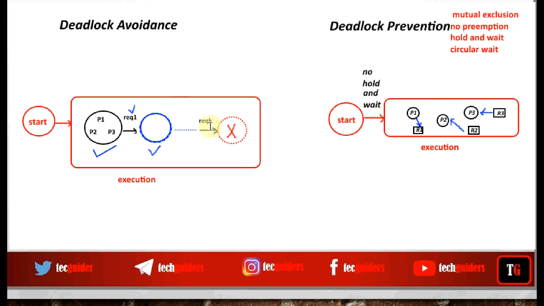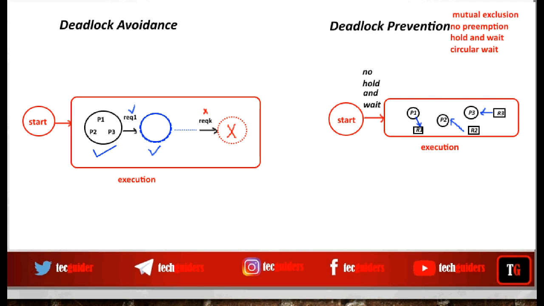So when a request is received, the operating system analyzes it and finds out that granting this request will lead to an unsafe state, then the system will decide not to move to this unsafe state. For that, this request will not be granted. So here we are avoiding the deadlock. In an unsafe state, there is a chance for deadlock.